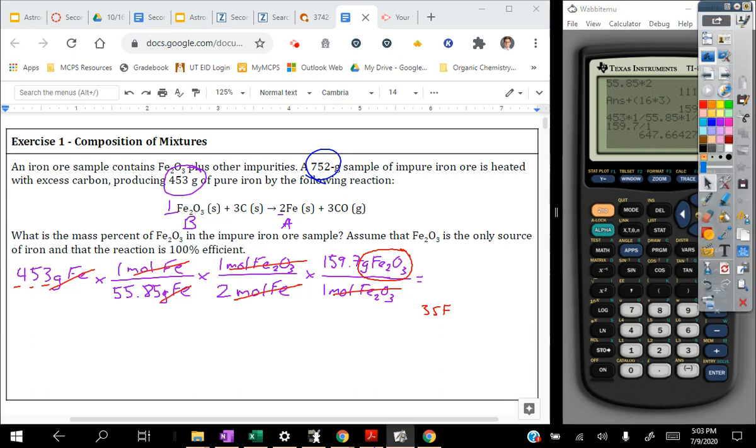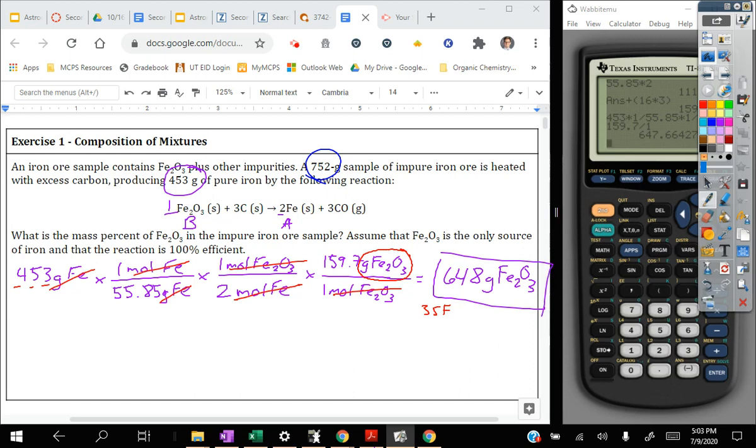Okay, and I get 647.66 and some change. If I'm rounding that, 6, 4, and the 7 stays, but I have to look to the next spot. I have to look to the 6 to see if I round up. 6 would round up, so the 7 rounds up to an 8. 648 grams Fe2O3 is the mass in my original sample.